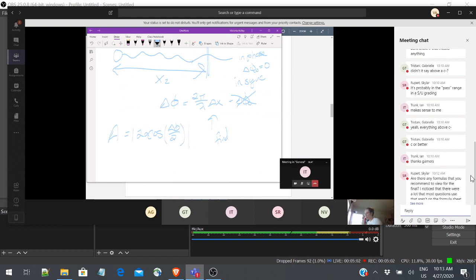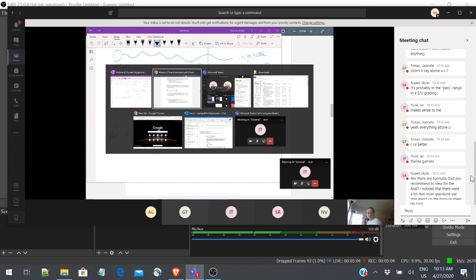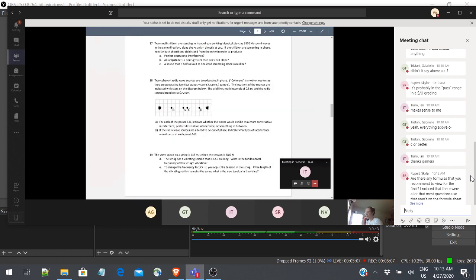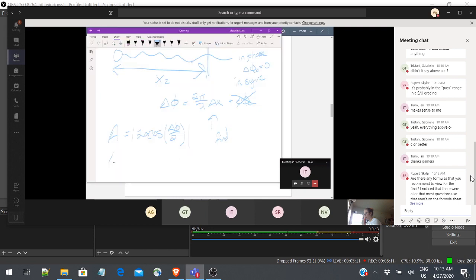Right? So if you know A, which for example for part B, it would be an amplitude 1.5 times greater than one child alone. So you would have A is 1.5 times greater. Right? You can solve for delta phi, and then you can solve for x. Hopefully that makes sense. Now the tricky part also is the one that's a sound that's half as loud.